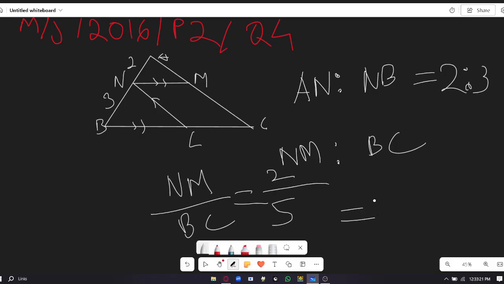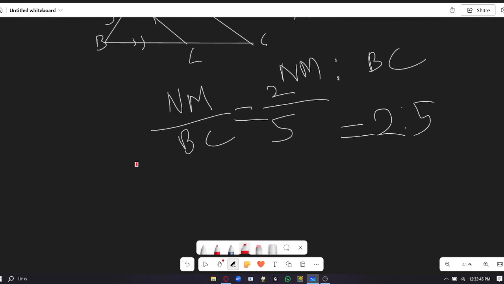So the answer is 2 is to 5. It's not 3, it's 5. Because you're supposed to add 2 plus 3, not just 3. When I was taking the triangle, I made the silly mistake of only taking 3 and not taking in 2. Oh well.